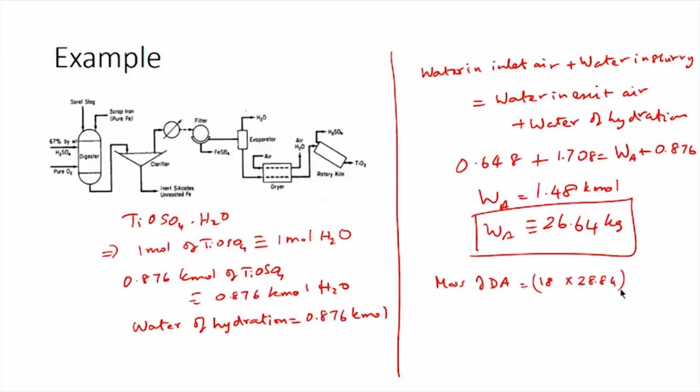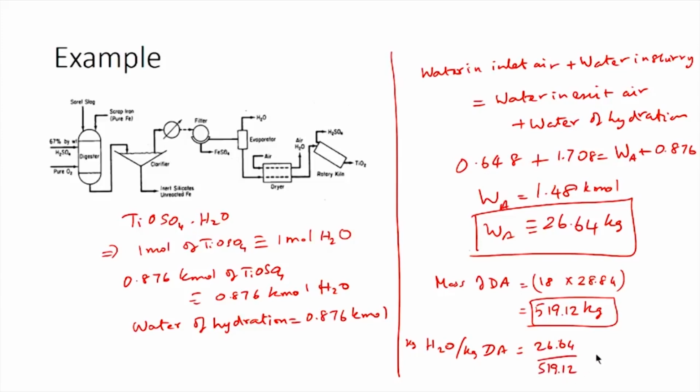Using this, the mass of dry air would be equal to 519.12 kilograms. So, for 519.12 kilograms, you have 26.64 kilograms of water leaving. So, kilograms of water leaving per kilogram of dry air would be equal to 26.64 divided by 519.12. So, this would be equal to 0.0513 kilograms per kilogram.